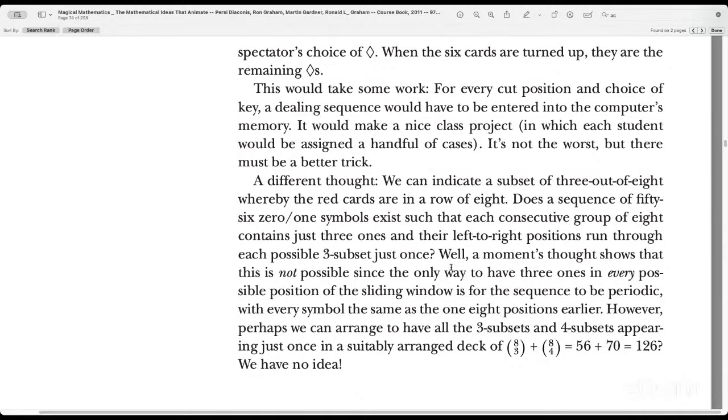I don't know if the point they're making is that the sequence has to be periodic, and that's why we don't have enough room. I have to think about this a little bit. I'm not completely sure if I follow that remark, but it's interesting that with a binary encoding, you cannot capture all this information in 56 bits, but with 8 symbols and reads of size 3, you can actually do it.